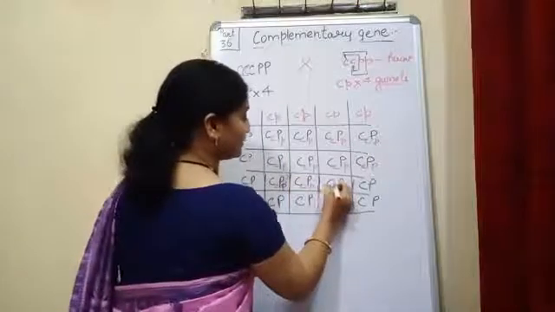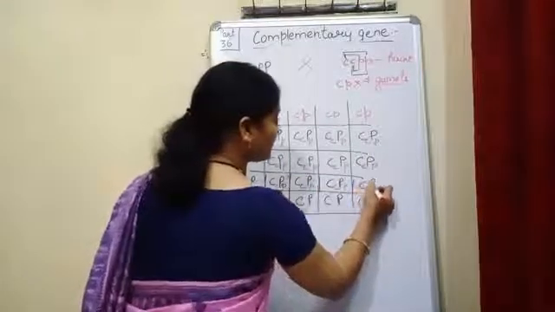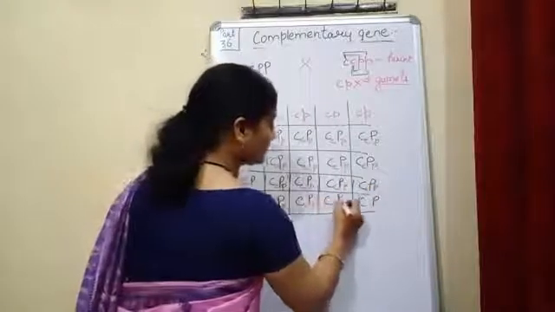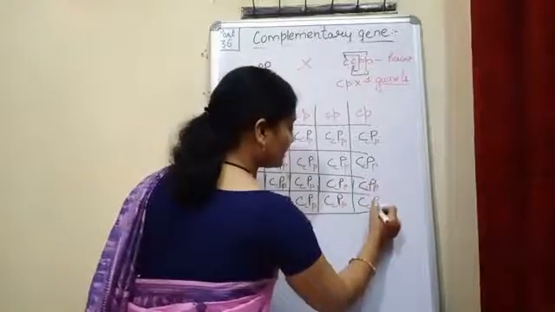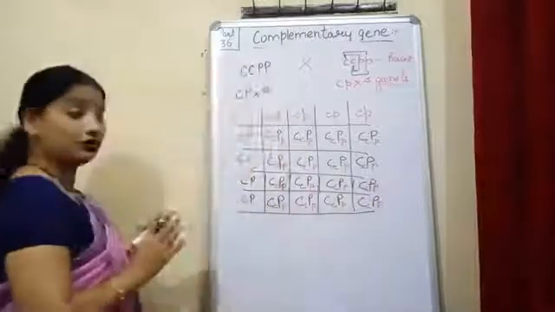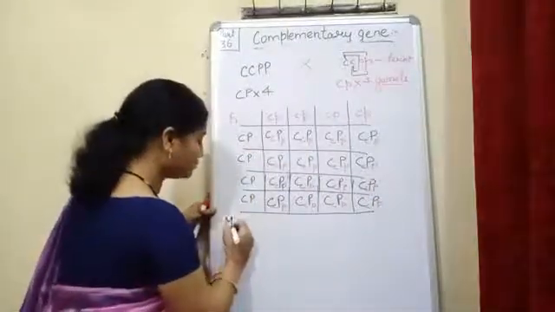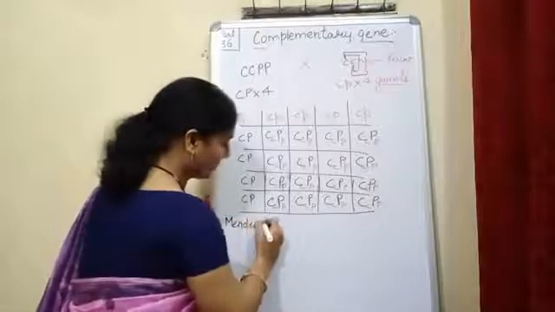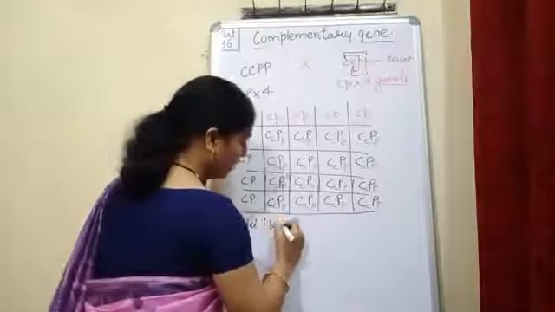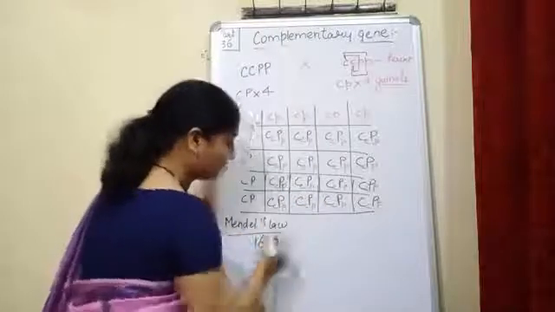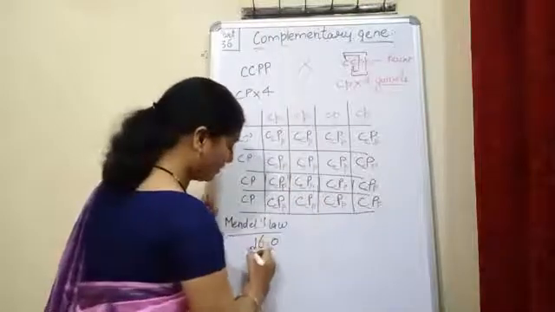Clear? So the cross is simple for you now. Now see the result. We will get 16:0 purple color. Okay, if it would be according to the Mendel's law, then according to the Mendel's law, ratio is 16:0 and the color is purple.